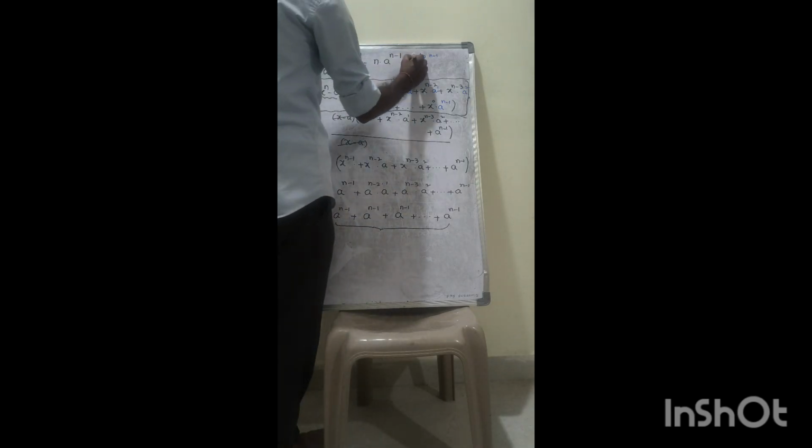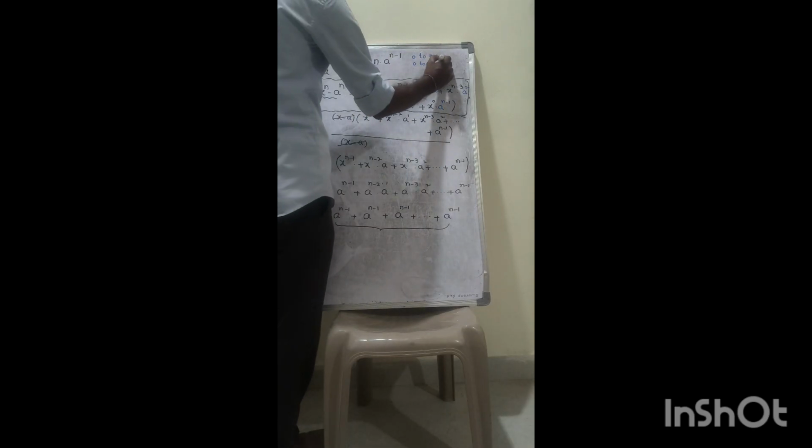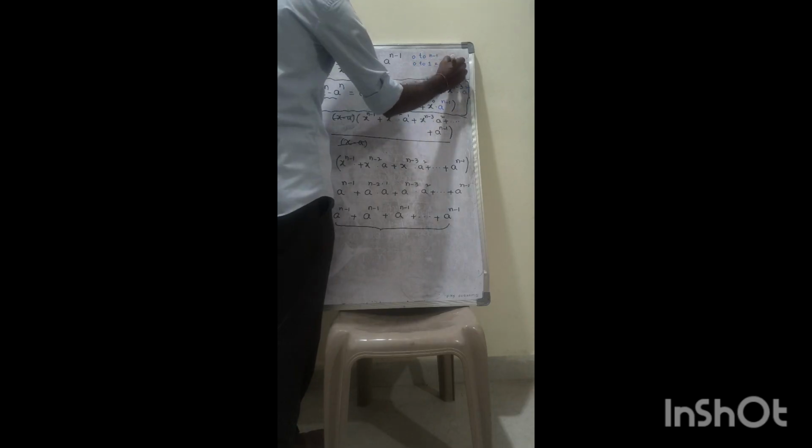To know that, for example, let us assume 0 to 1. How many numbers are there? 0 and 1, two numbers. I would like to write this 2 as 1 plus 1.